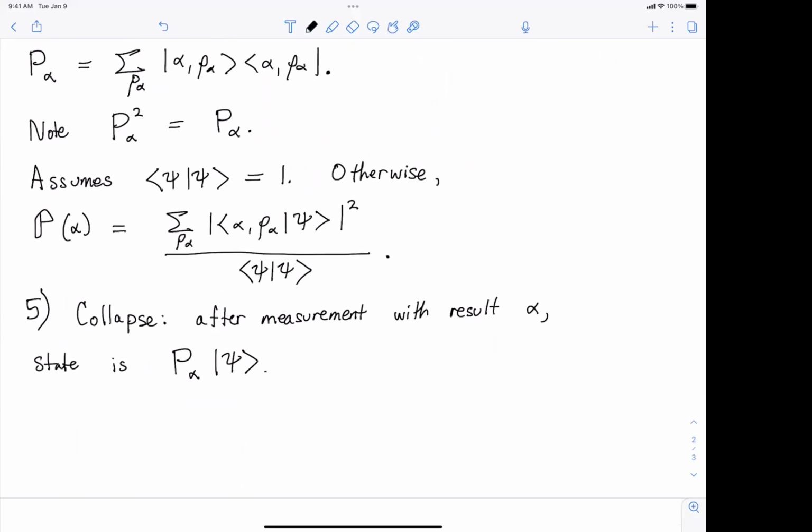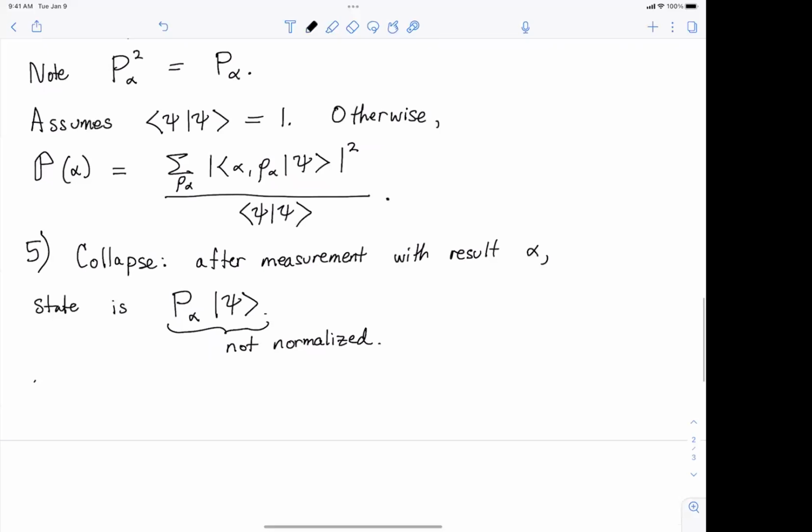Now, when you do that, the projection operator acting on psi is, again, as I mentioned before, not normalized. Okay, this does not have norm 1, but that's easy to take care of. There's a normalized version of it.